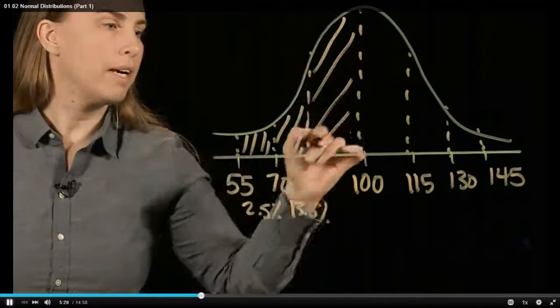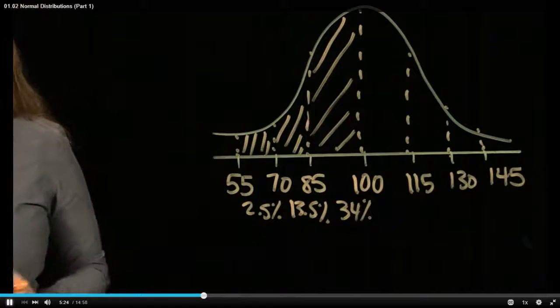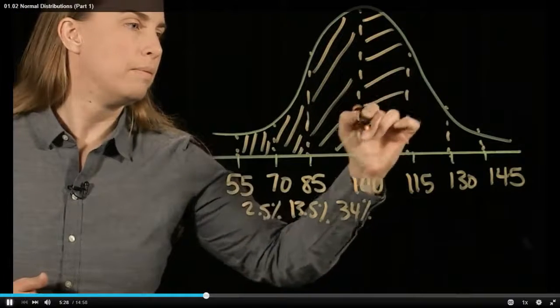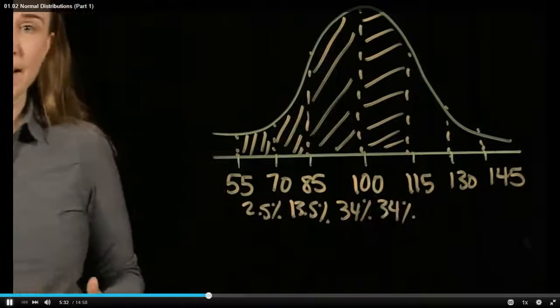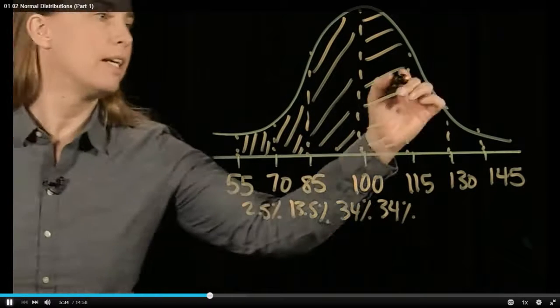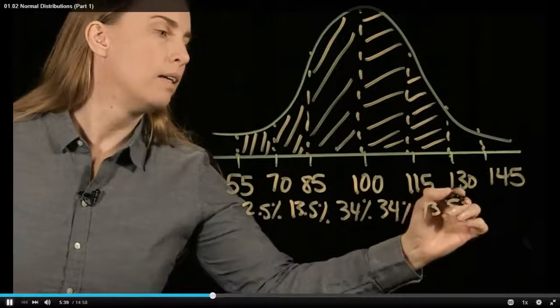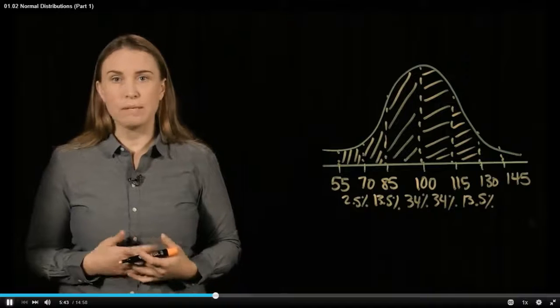So this area right here represents 34%. 1 standard deviation above is another 34%. 2 standard deviations above is another 13.5%. So this amount right here is another 13.5%. And then 3 standard deviations above is 2.5%, right here.